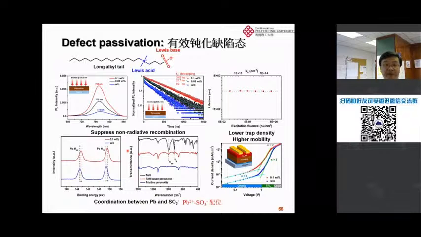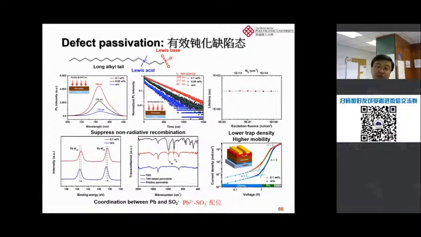Okay, some passivation. This is the defect state passivation. We can get it from the photoluminescence intensity and the transient photoluminescence lifetime. Actually, from the lifetime, with our surfactant you get a longer lifetime τ2, which represents detrapping.